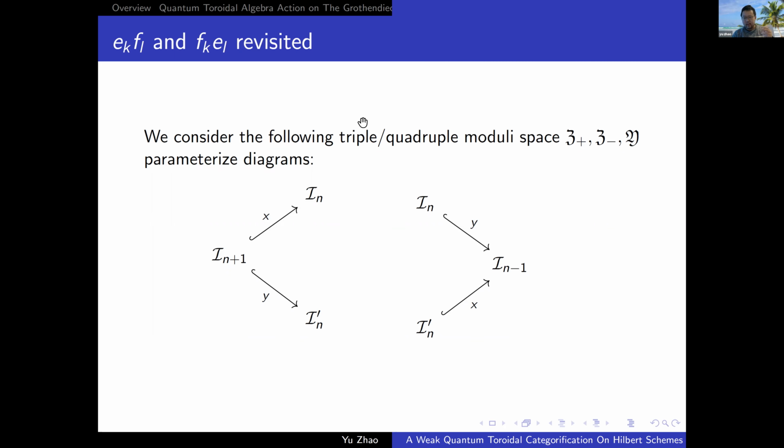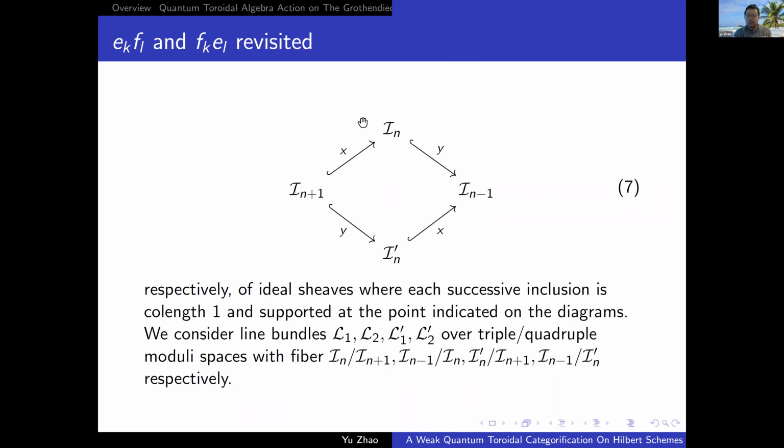Remember their quotient is supported at some points, and now we define the quadruple moduli space Y. Actually, it is more like a combination of the two moduli spaces, but we want one more requirement, such that I_{n-1} quotient I_n' is the same as I_n quotient I_{n+1}.